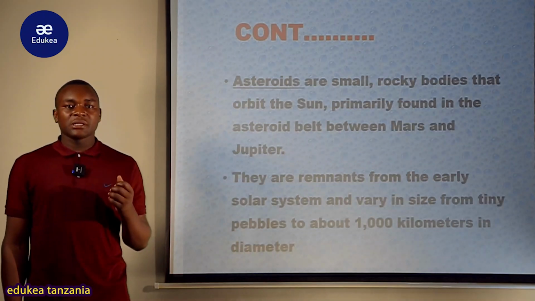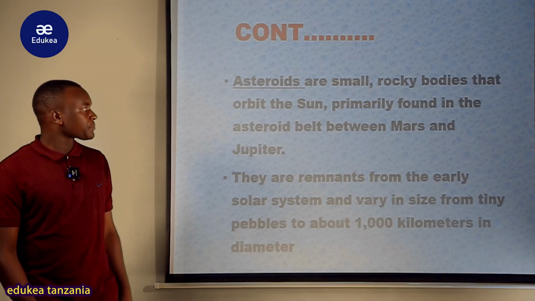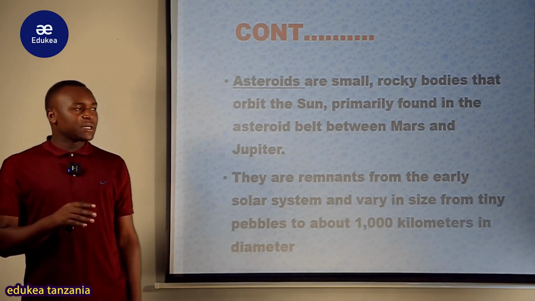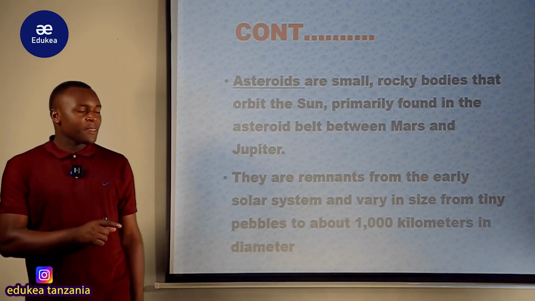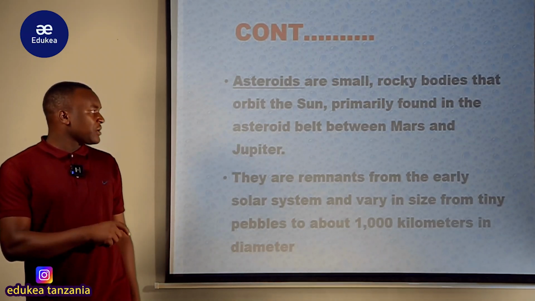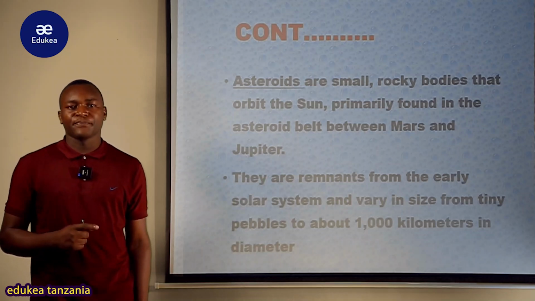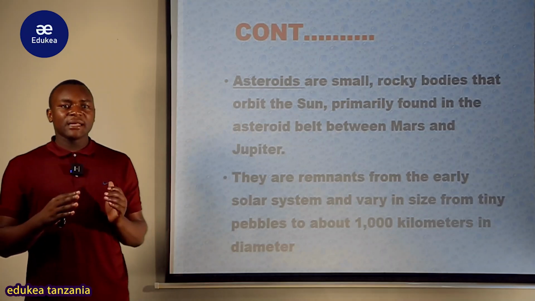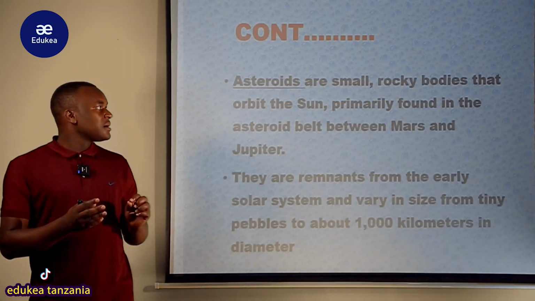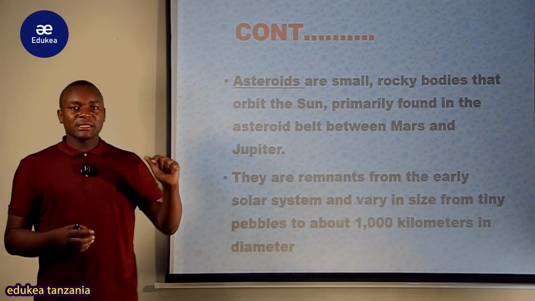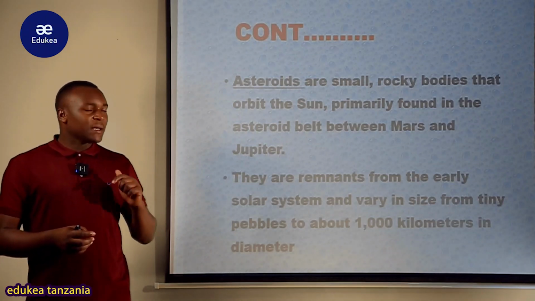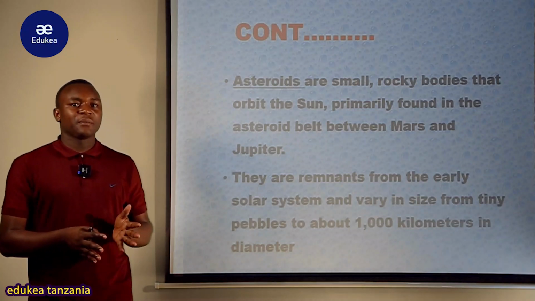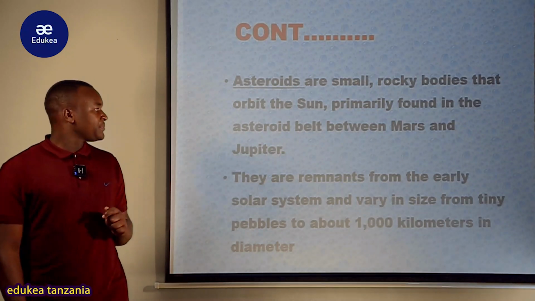After that, let's look at the meaning of asteroid. We say that asteroids are small rocky bodies that orbit the sun, primarily found in the asteroid belt between Mars and Jupiter. Those we call asteroids.